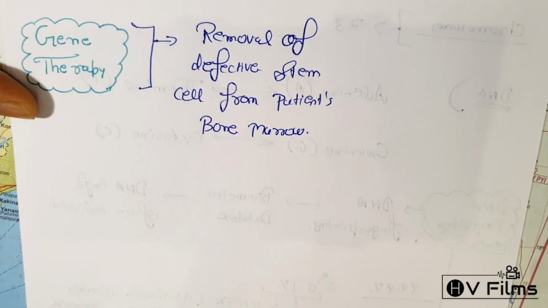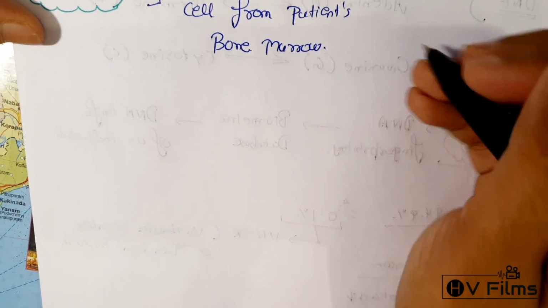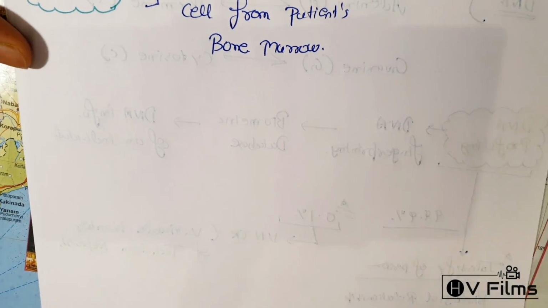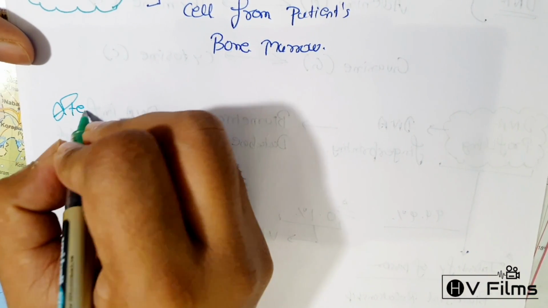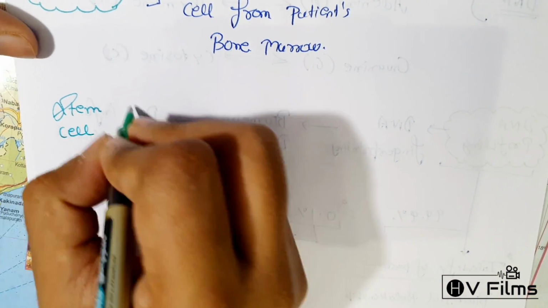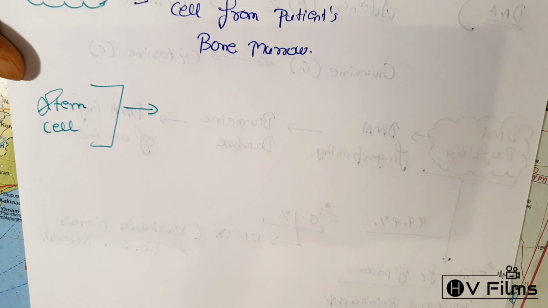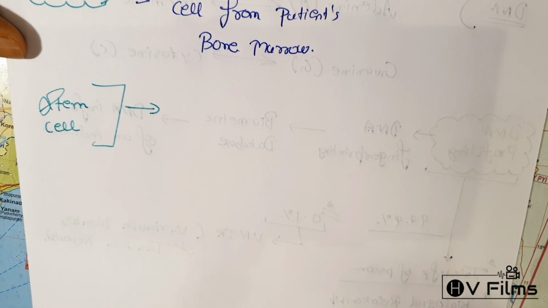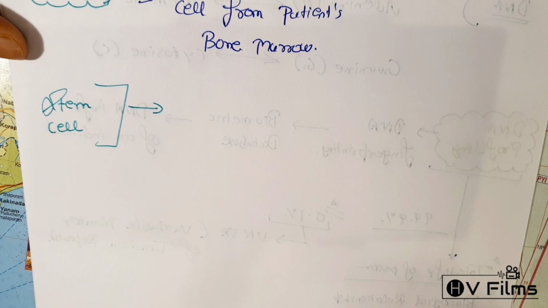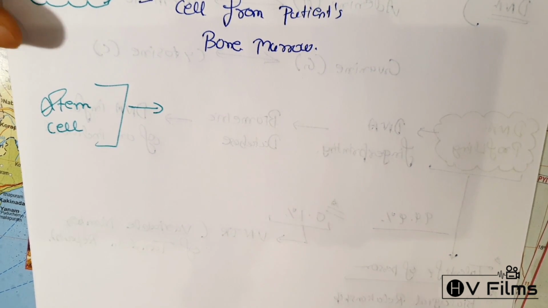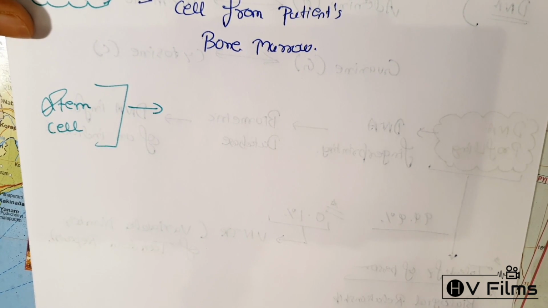So what generally are stem cells? Let us write it here. The cell is the most basic unit of an organism, and it is the smallest unit of life.